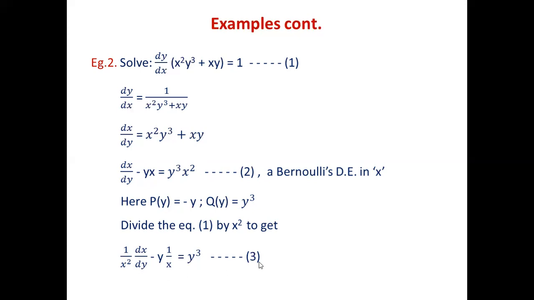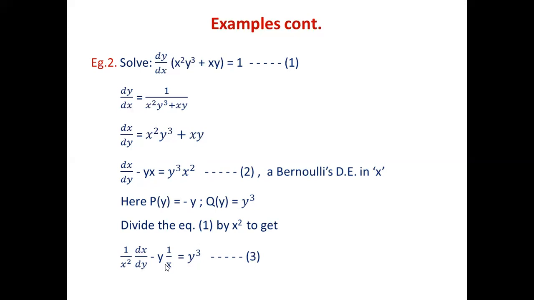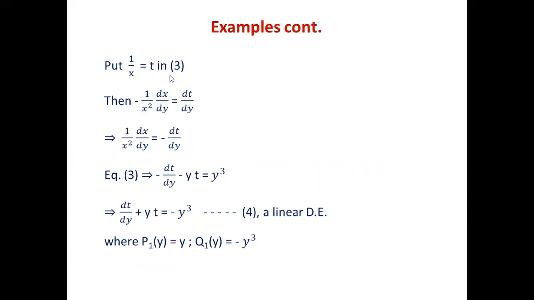Now, in this equation 3, you replace the coefficient of p of y by some variable t. See, the coefficient of p of y is 1 by x. So you replace 1 by x by t.